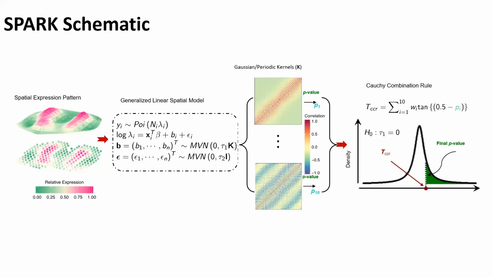And the Cauchy combination, the idea basically is that you change every p-value back to a Cauchy statistic. Then you do a summation of the Cauchy statistics, and then convert the summation back to a p-value through a standard Cauchy distribution. So that way, even though the p-values are somewhat correlated, it turns out that this adjustment is reasonably robust in terms of correlation.